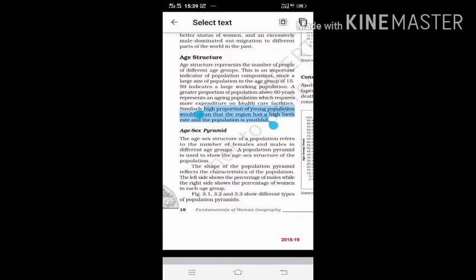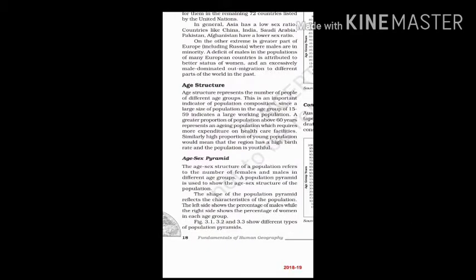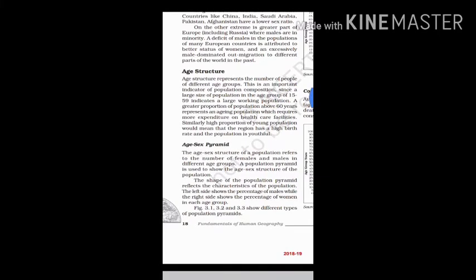So what are the 3 points? First point is, why is age structure important? With the help of age structure we can see how many people are in the group of 15 to 59 years, that is working population. The second one is the people who are above 60 years, we can give them better health care.